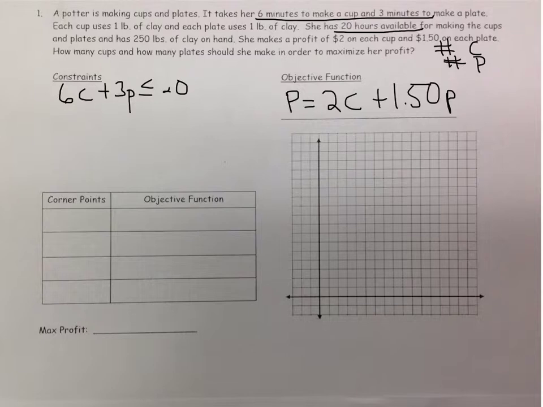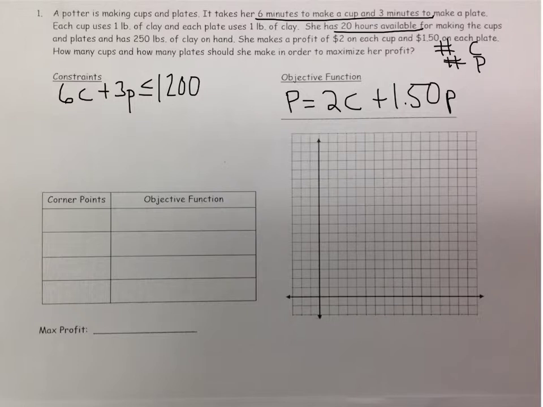I can't just do 20 here. What I have to do is convert it to minutes. So I'm going to have 20 times 60, which gives me 1,200 minutes. There's my first constraint, first inequality.